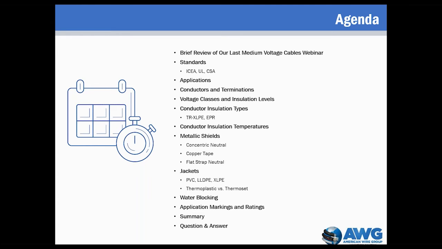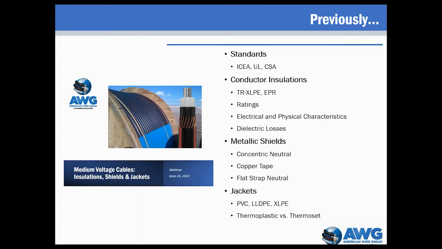We have selected to review the three more common jackets available today, which cover both thermoplastic and thermoset material types. We will introduce the various conductor and cable water blocking technologies available. Finally, the application markings and ratings will be discussed. We will finish this presentation off with a summary, followed by an opportunity to ask any questions that you may have, time permitting, of course.